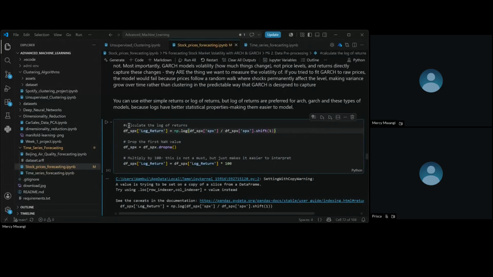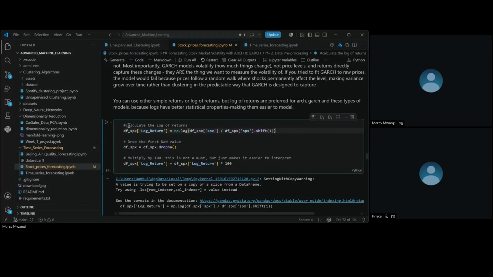Because just like in logistic regression, anything in the log scale becomes more stable. So it's very easy to model statistically. Remember, when we say model, you are translating a phenomenon and communicating it mathematically. And in mathematics, we talk of something called statistical stability, which just means if I put X times, it should always give me the same answer, which we call deterministic, right?